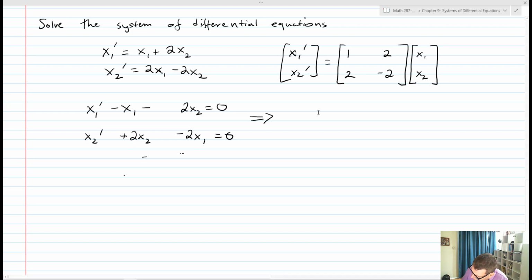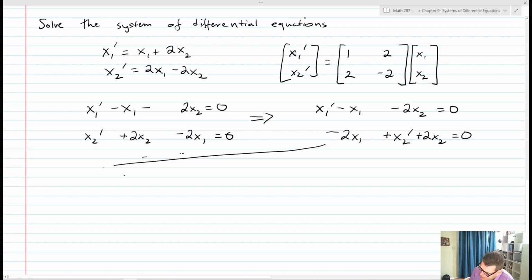So this gets rewritten as x1 prime minus x1 minus 2x2 equals 0, and then x2 prime plus, negative 2x1 plus 2x2, equals 0.